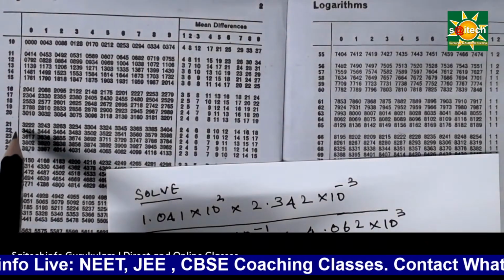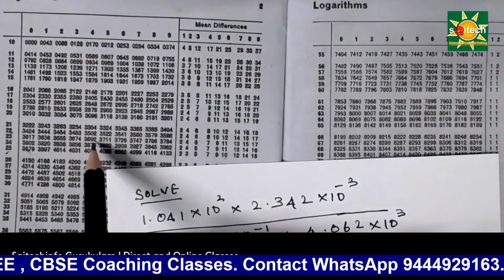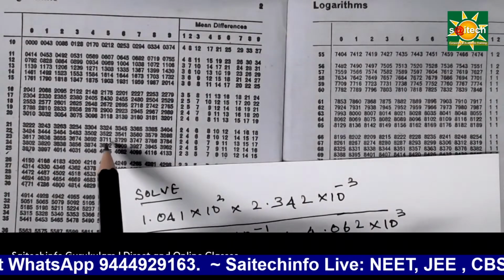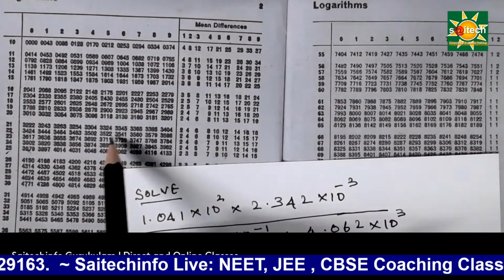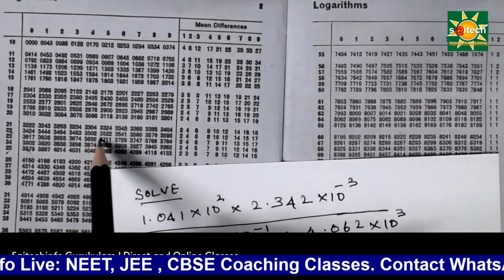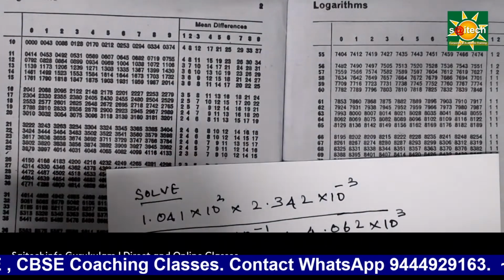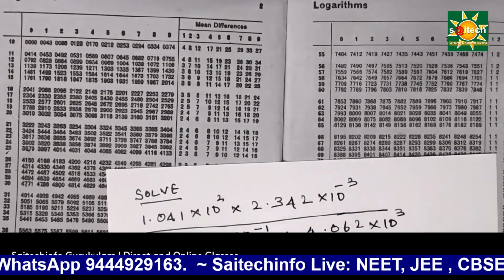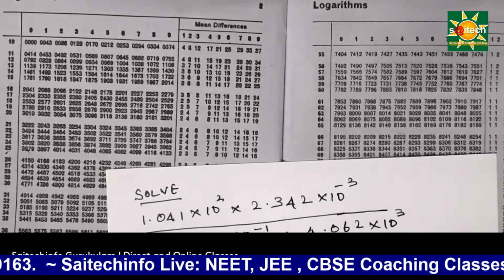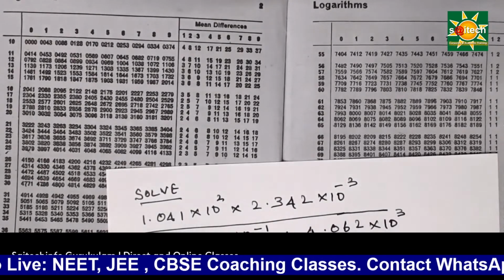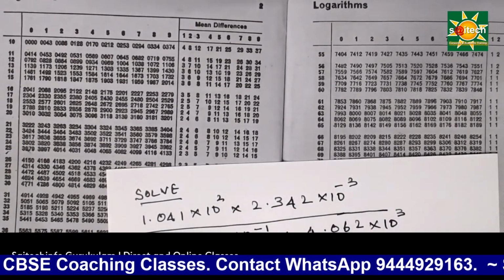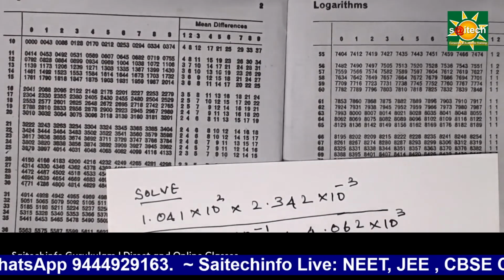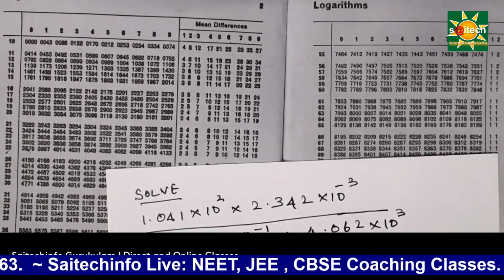So for this 23 and 4, the mean difference is 2. 23 4, mean difference 2 means 4. So you can add 4 here in the last digit. Therefore it is 0.3696. So this is the log 2.342 value. Okay, please note down.